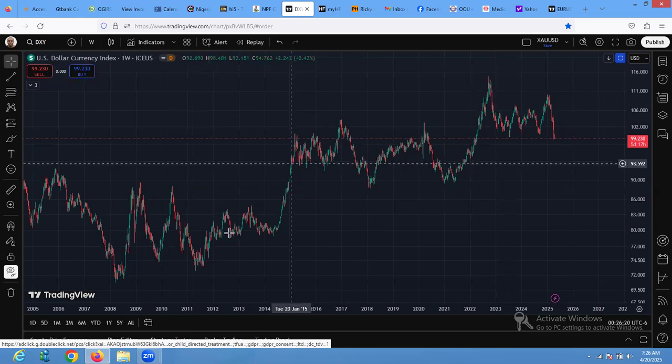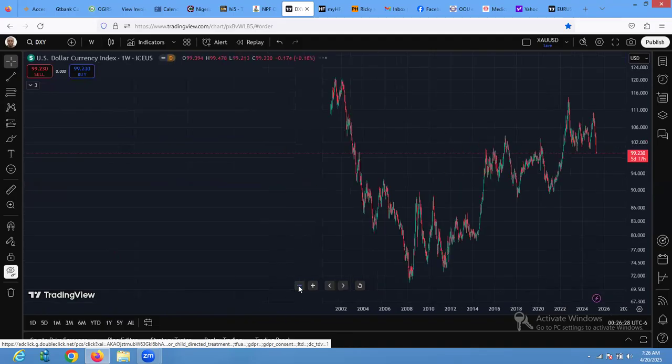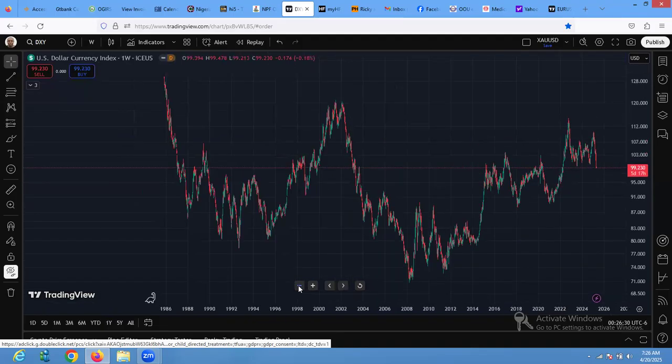Okay, so this is where this started from, this angle here. If I zoom out, you can see. So zooming out, this was what I showed you here. Now zooming out, this that we call an uptrend now looks corrective in respect to this move.